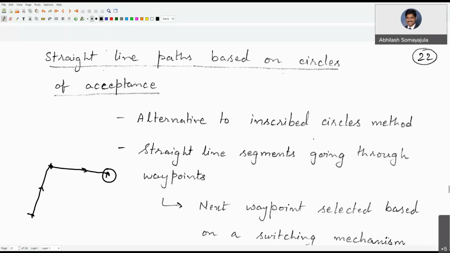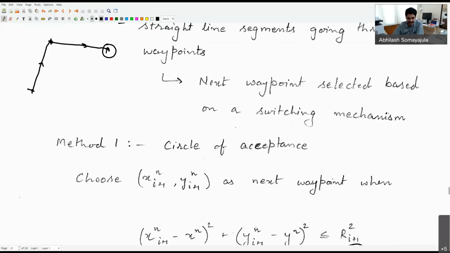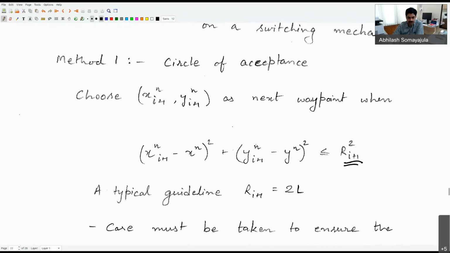Then we looked at a new idea, the straight line paths based on circles of acceptance. And we prescribed this as an alternative to the inscribed circles method. The idea here is that you have to be within a certain radius of the waypoint in order for that waypoint to be provided to you as the tracking waypoint.